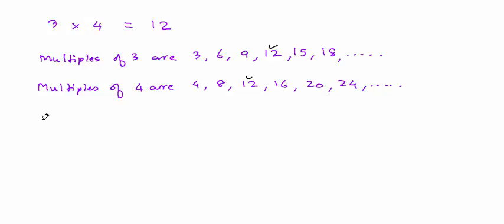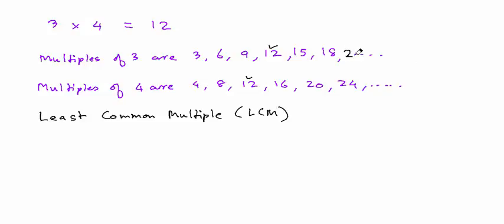And that actually brings us to the definition of something called the least common multiple, or the LCM. If I were to extend this list of multiples of 3, there's no end to that list, so I could go on and on.